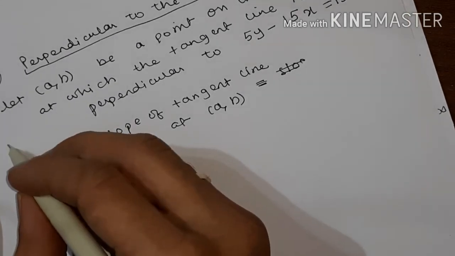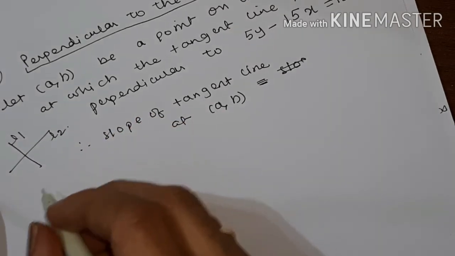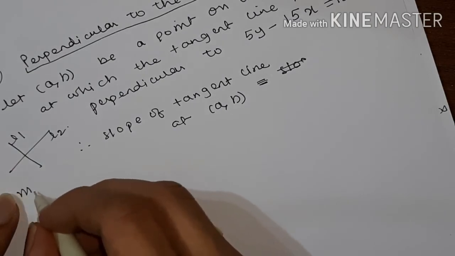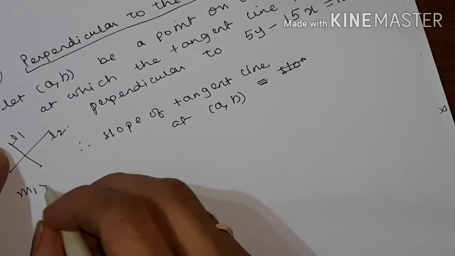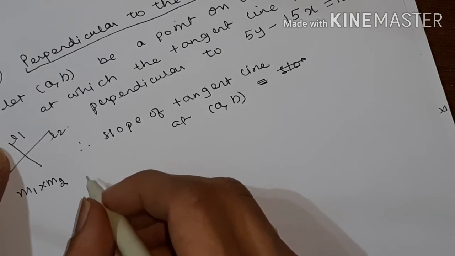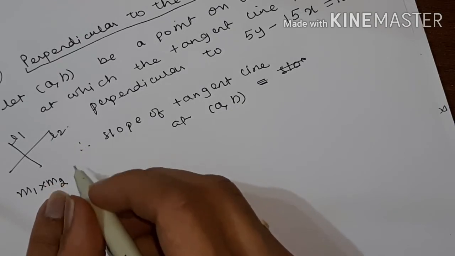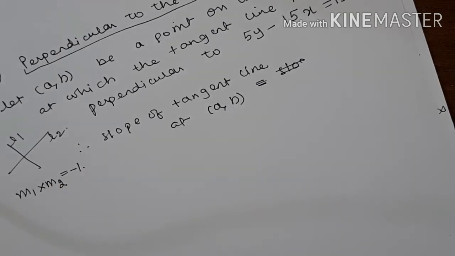Suppose this line is L1 and the other line is L2. Then the slope of L1, that is M1, multiplied by the slope of L2, that is M2, is equal to minus 1.